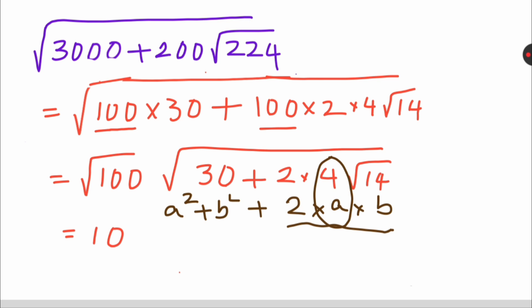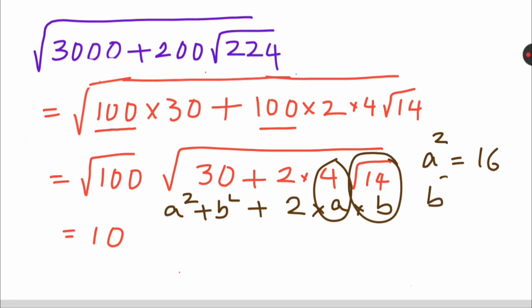Let's check whether a square plus b square is 30 or not. a value is 4, so a square is 4 square, which is 16. And b value is root 14, so root 14 whole square is only 14. After adding a square plus b square, we get only 30, which is our first term.